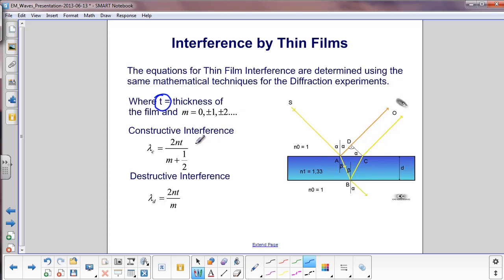For constructive interference, which is where we'll see colors, the equation is wavelength equals 2nt divided by m plus 1/2, and n of course is the index of refraction, and destructive interference will result when the wavelength of light equals 2nt over m, and you'll get the dark fringes. A key thing to notice on this is the index of refraction here, which is 1, and here is 1. Both of them are less than the index of refraction of the material we're going through.